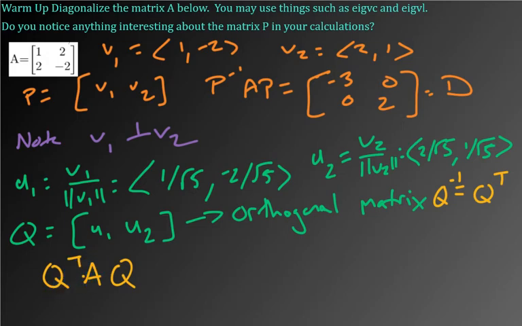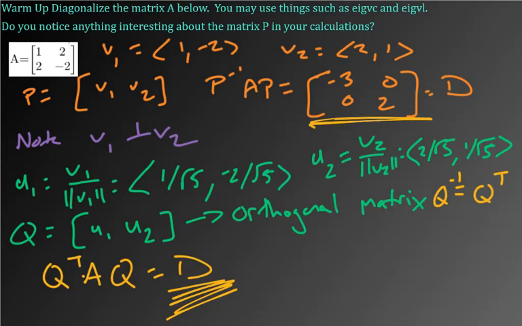You just take the transpose of Q, and that should still equal D, the same matrix as up here. It's a good thing to test if you want: if you do Q^T A Q, it's still going to give you D.